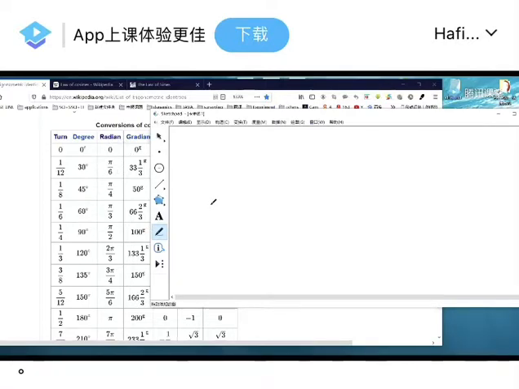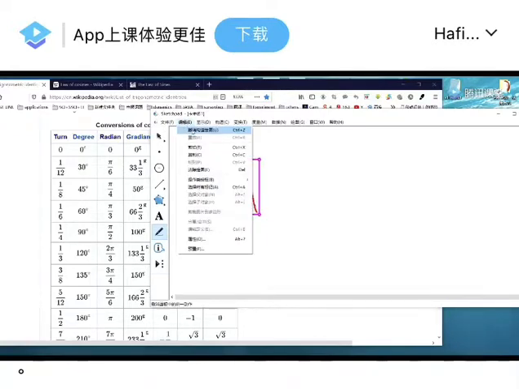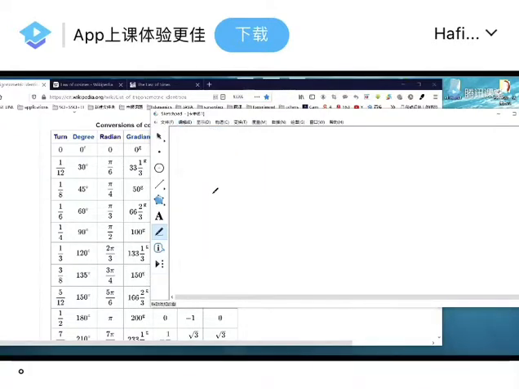They probably heard about radian, but they have no idea about it at all. It's easier to do this one, right?